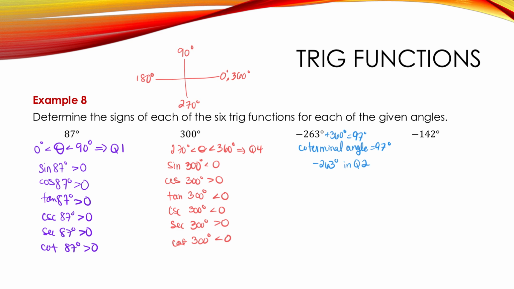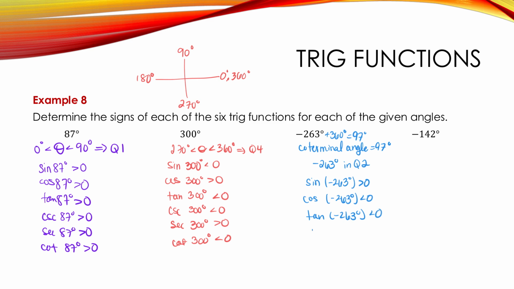2. And in quadrant 2, we know that only sine and cosecant are positive. So the sine of negative 263 degrees is going to be positive. But the cosine of negative 263 degrees is going to be negative. The tangent of negative 263 degrees is going to be negative.